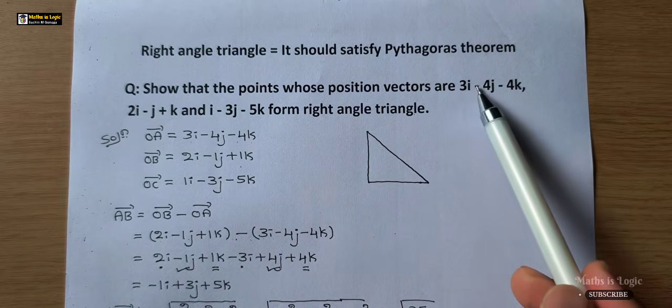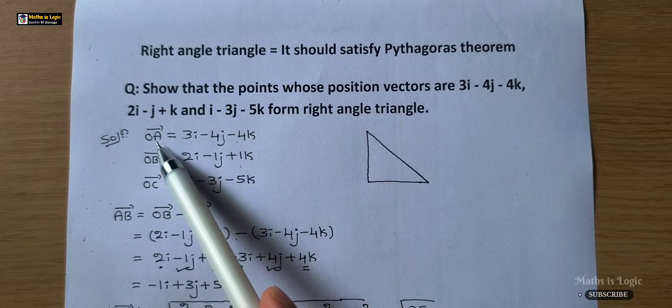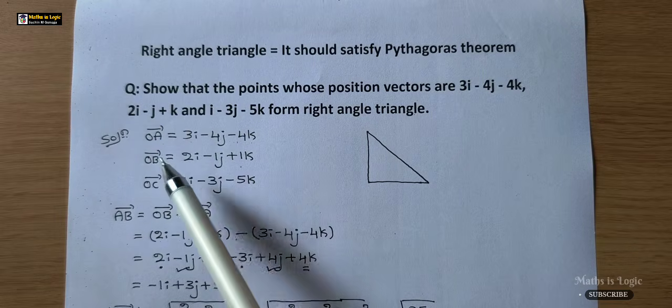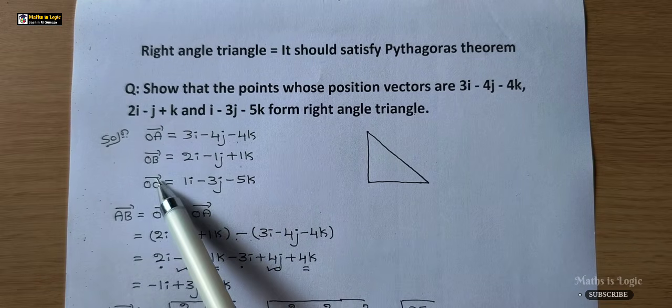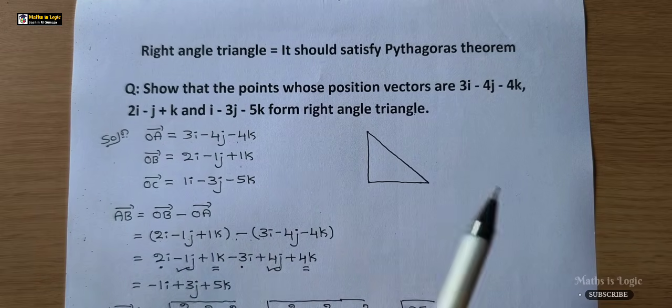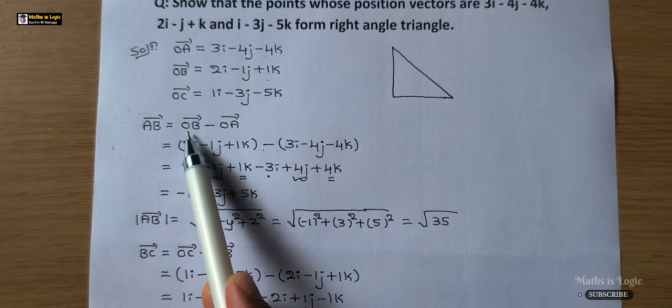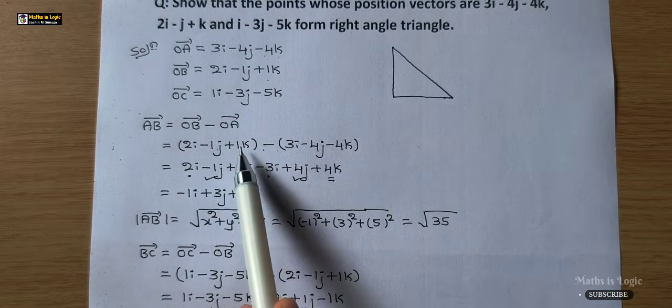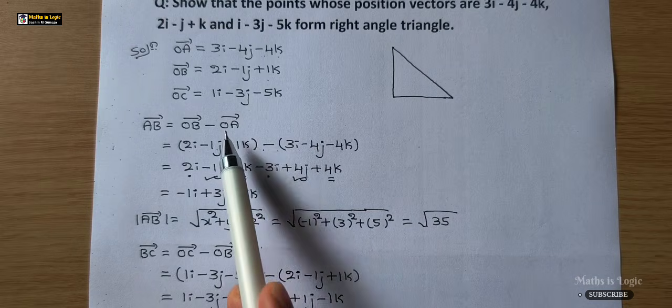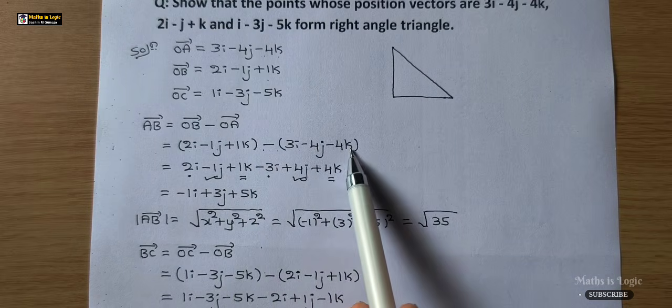So first consider the first position vector as OA vector, the second as OB, the third as OC vector. First find out AB. We know the formula: AB is given by OB minus OA. Substitute OB vector minus OA vector.